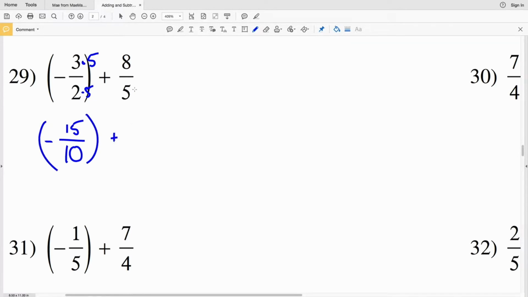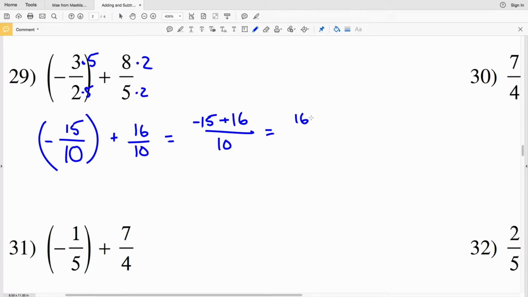Plus, now to get from 5 to 10, we're going to have to multiply by 2. And we're going to do the same for the numerator. So 8 times 2 will be 16. Now we're going to have negative 15 plus 16 all over 10. Because addition is commutative, let's go ahead and switch the numerator.